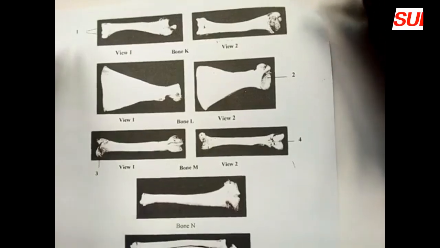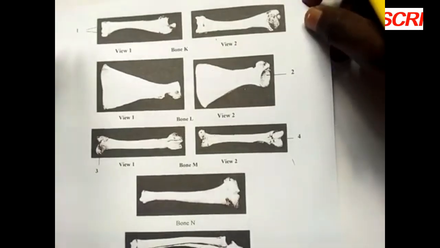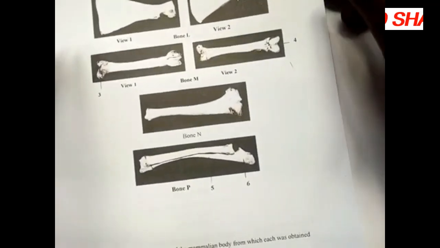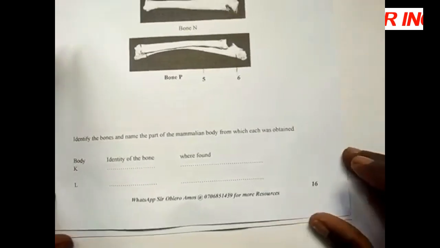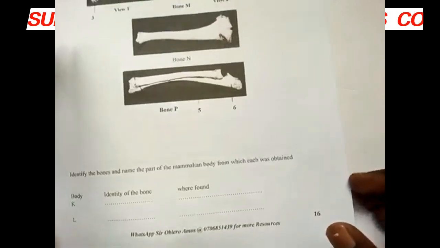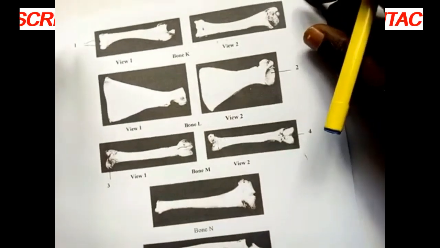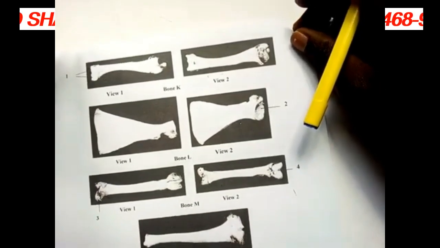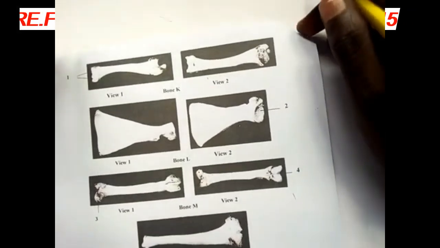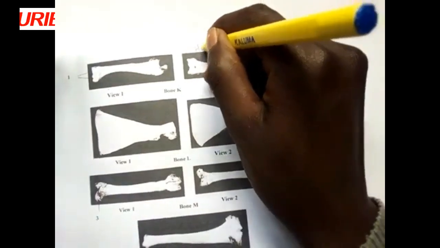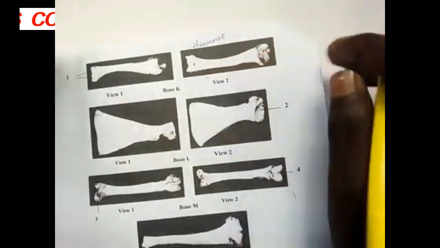In question 1, you are provided with the bones, bone K, bone L, M, N and P. Then you are told in Roman 1, identify the bones and name part of the mammalian body where each was obtained. First of all, examine the bones carefully and see which part of the body they are from. Now, in bone K, as you can see, this is the humerus.